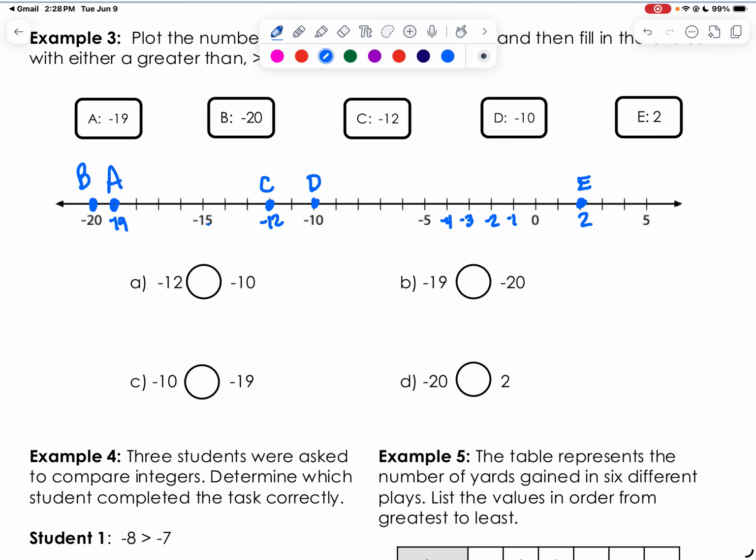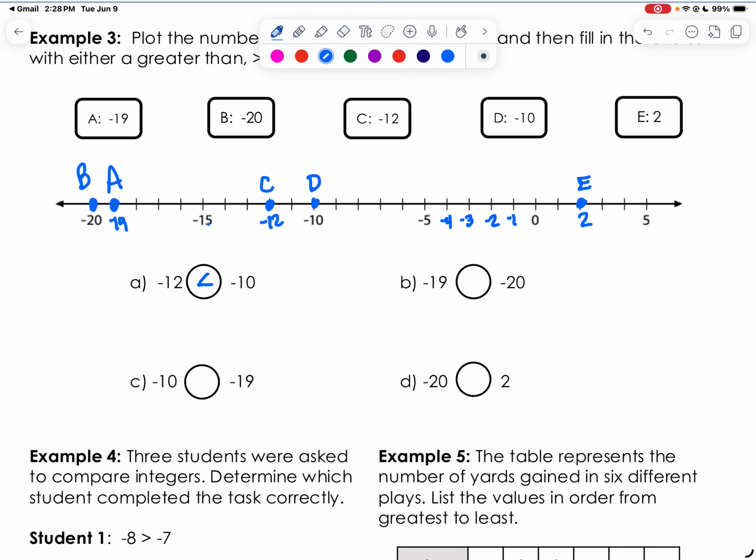All right, in problem A, they want us to compare -12 to -10. Ask yourself, is -12 to the left of -10 or to the right of -10? Because it's to the left of -10, I know it's less than. So we would say -12 is less than -10 because -12 lies to the left of -10.